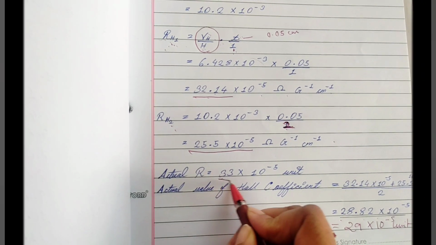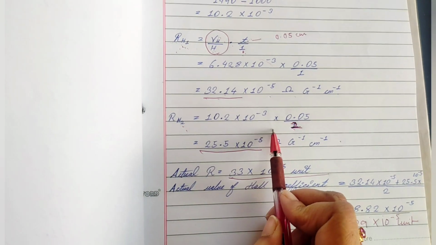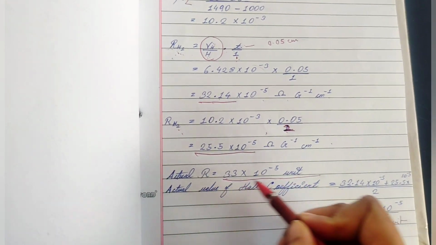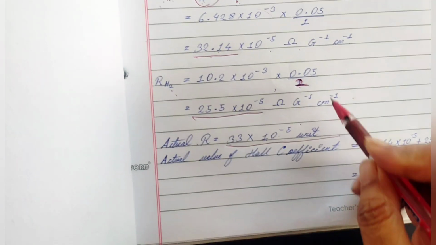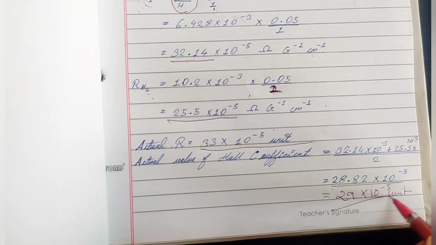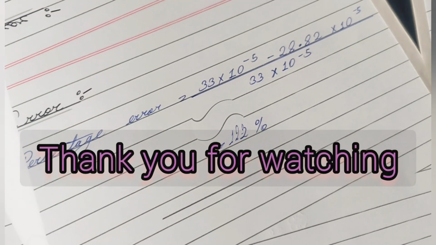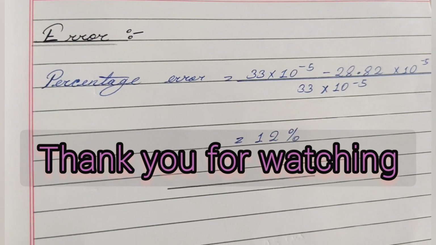So the actual value is 33 into 10 to the power minus 5 units. Since we are taking germanium here, the Hall coefficient of germanium is 33 into 10 to the power minus 5 ohm per Gauss per centimeter. So we can easily find the error. So we are getting 12% error. That is done.